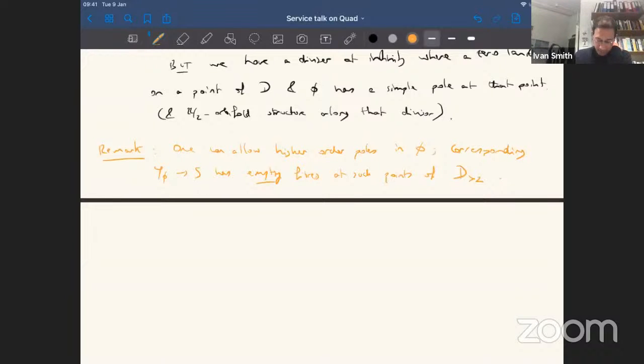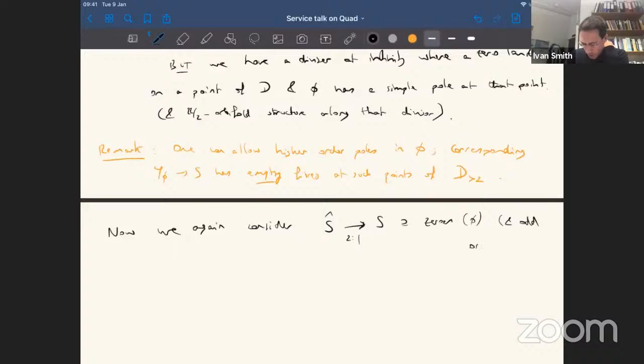Okay, so what should I say? So now, we again consider a kind of spectral type double cover. So we consider some S hat mapping to S, branched over the zeros of phi, and if we have them, the odd order poles.